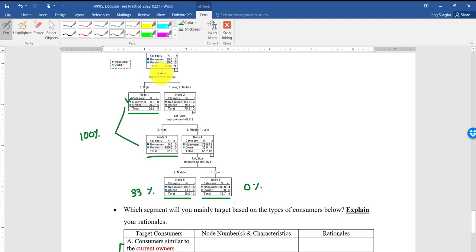That is, income level is high, or even though income level is not high, if lot size is large, then they will be more likely to purchase your product.